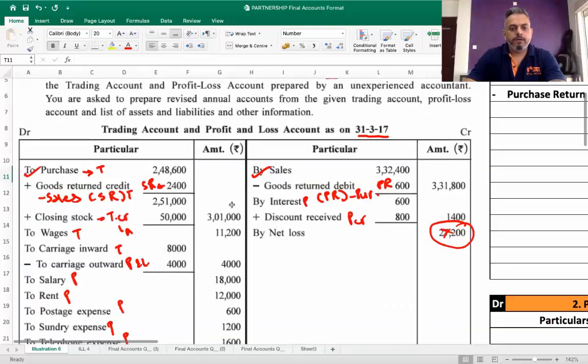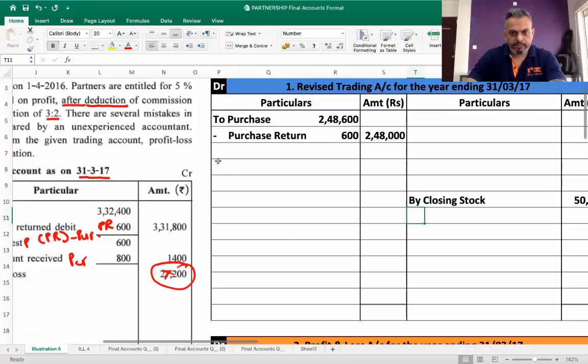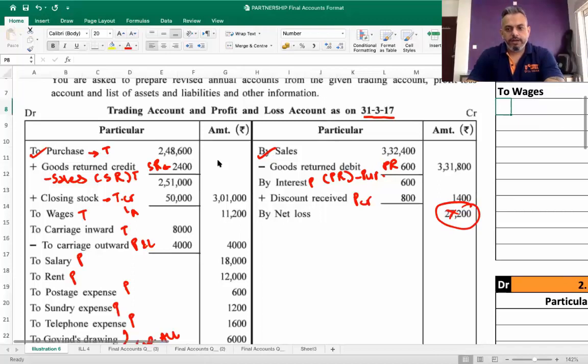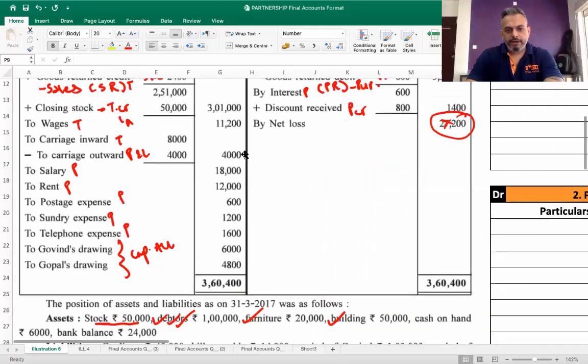Next, wages 11,200. Carriage inward 8,000. Carriage outward 4,000.